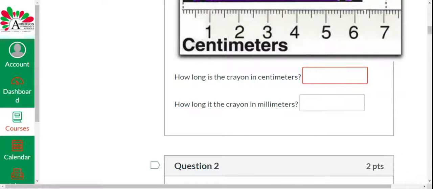So this would be 7.1 centimeters. Then how many millimeters? Well, if this is 1, 2, 3, 4, 5, 6, 7, 8, 9, 10, we could count all those, or we could go 10, 20, 30, 40, 50, 60, 71. So 71 millimeters.